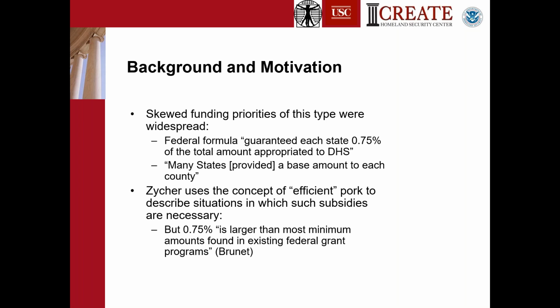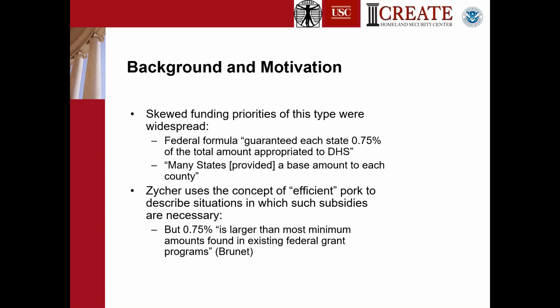In fact, the federal formula guaranteed that every state would get 0.75% of the total amount available in grant funding. So 37.5% of the total funding was spoken for without regard to risk or need for funding.